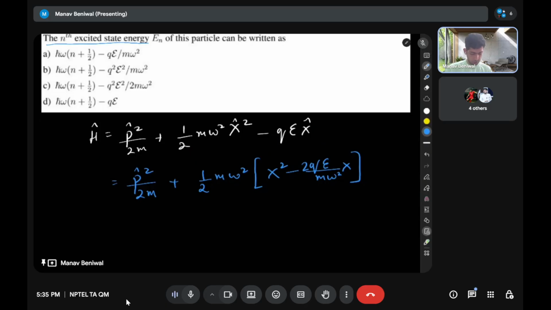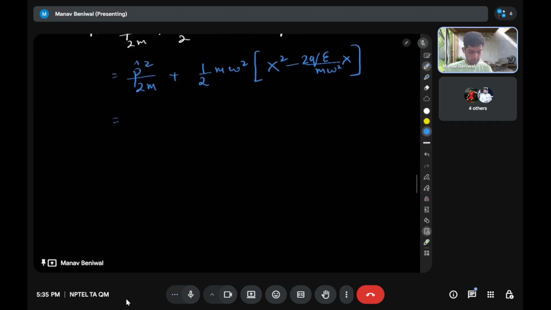Good. So then, this term remains the same, and now notice that this is of the form x squared minus 2ab.